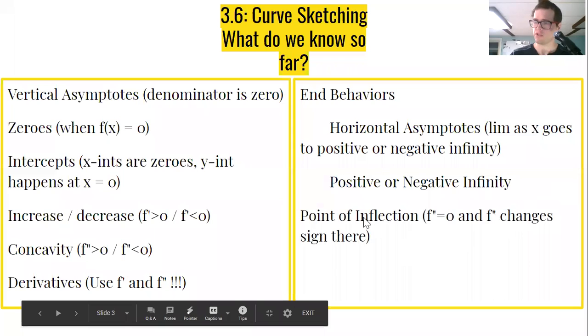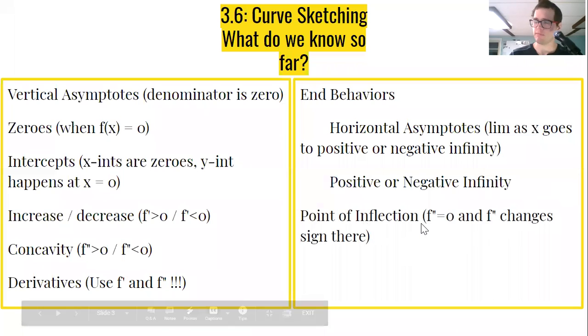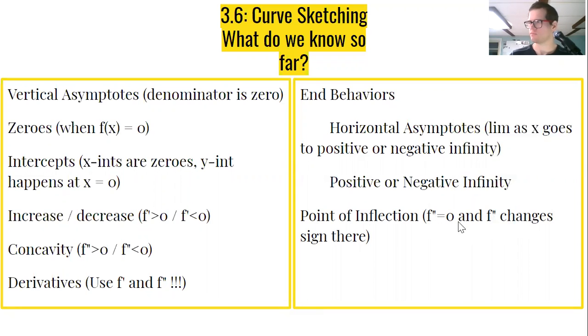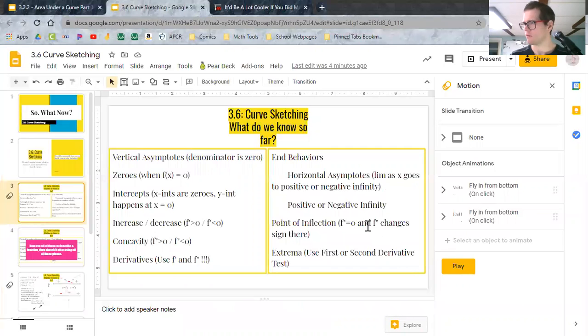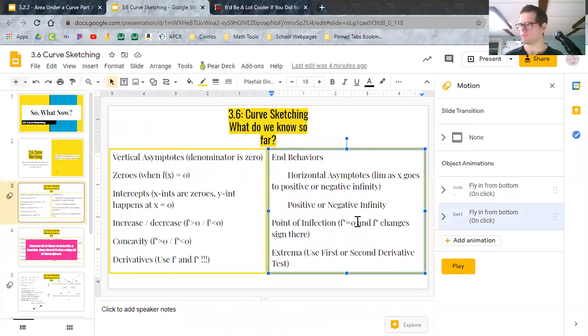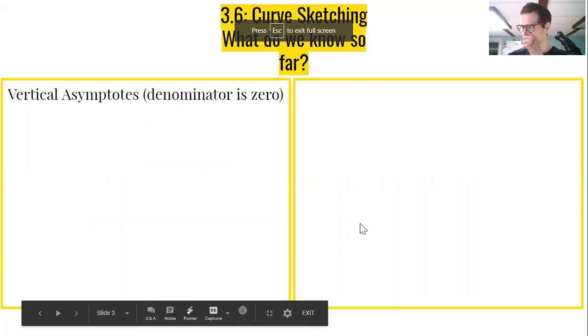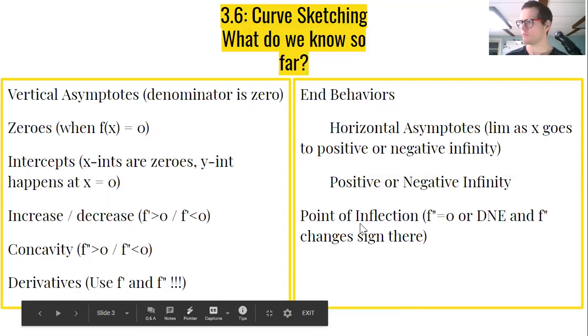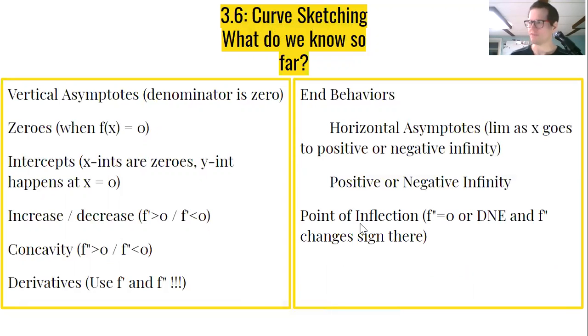All right. Also, a point of inflection. A point of inflection is when f double prime is 0 or undefined, and f double prime changes sign there. While I'm thinking about it, I'm going to change that. And the important thing there is that f double prime changes sign.